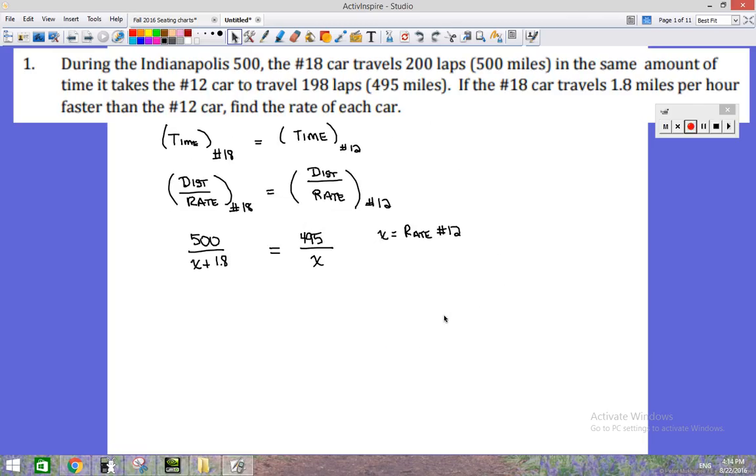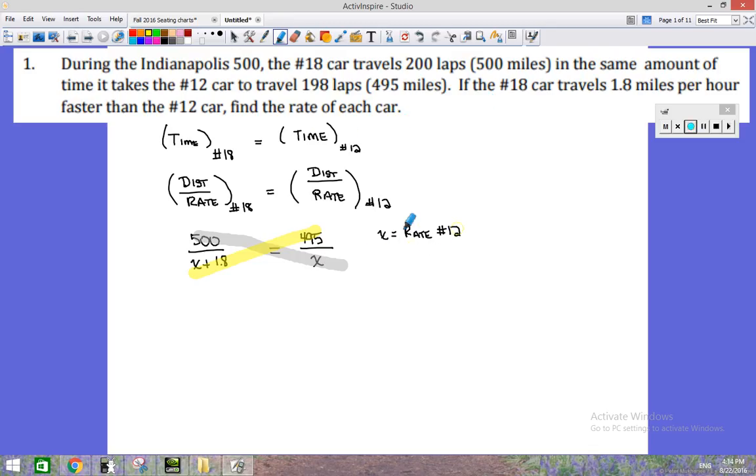So typically the hardest part of the problem is over, and solving this equation is a proportion, and you've done that before. We're going to cross multiply along one diagonal, multiply along the other diagonal, and when we get x, now it wants the rate of each car.